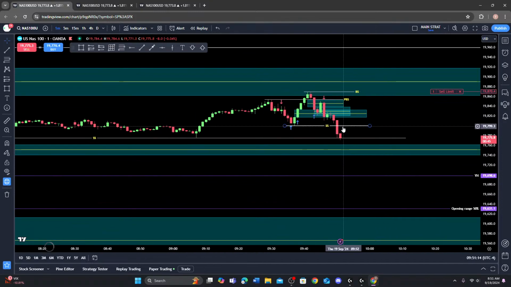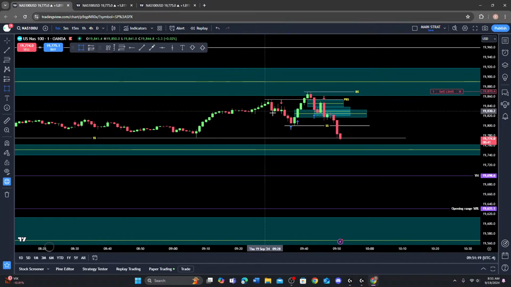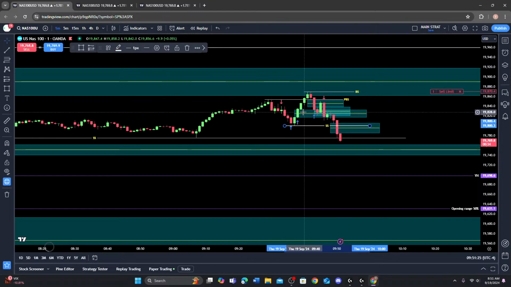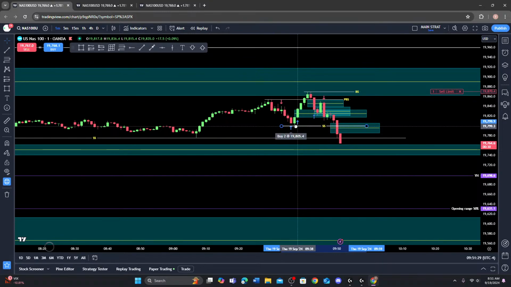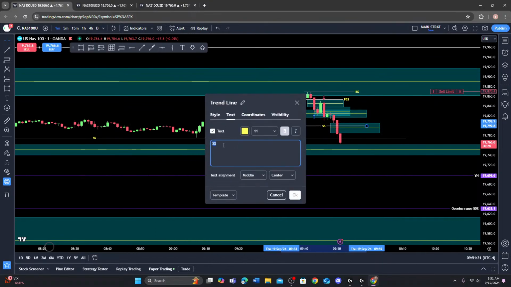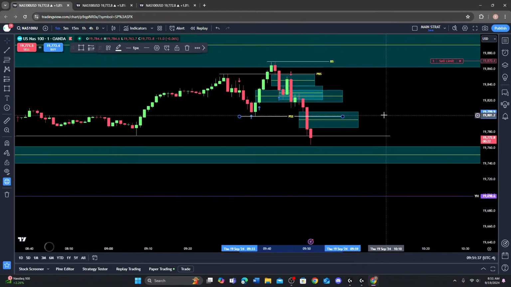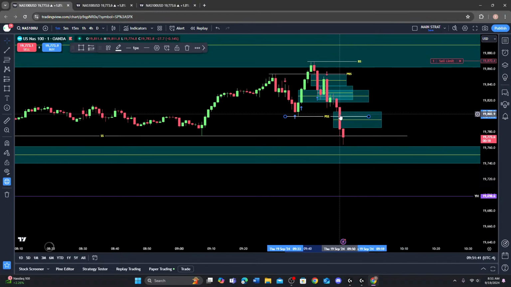Took out sell side with a fair value gap. Let's get strong. So this would be a possible area where I'd like to see price trade back into. This becomes PSS, or previous sell side, so we don't want price to go past that very much.